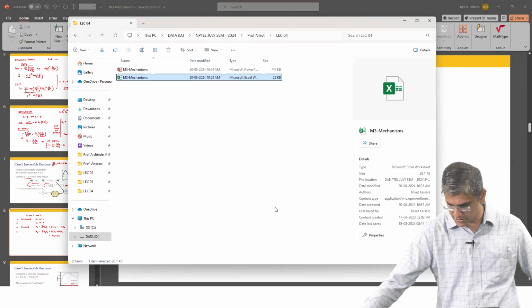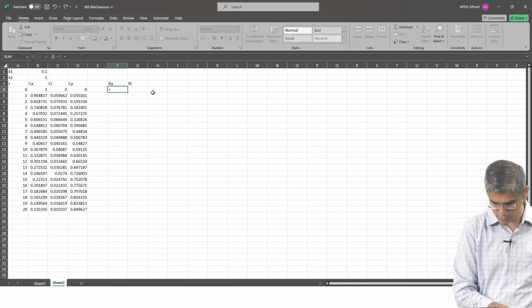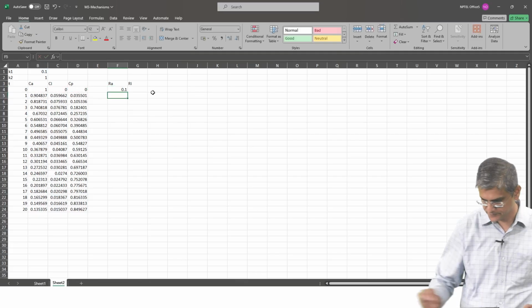So K1 CA is RA equal to K1 multiplied by CA.